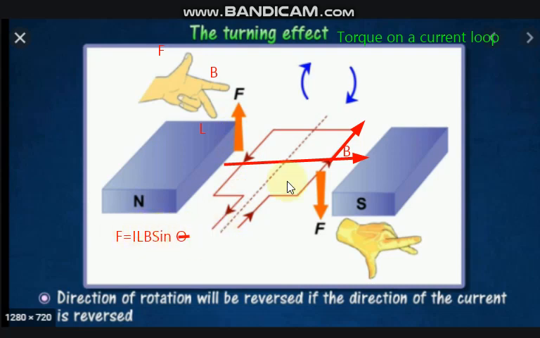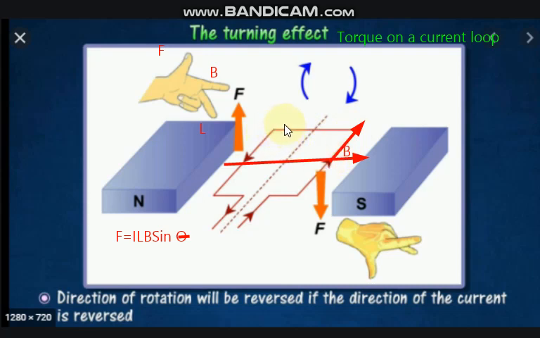Now here you can see that the angle between B and L is 90 degrees, because this is being placed horizontally, and this is the side which is making an angle of 90 degrees. This side is parallel, but this side is perpendicular.